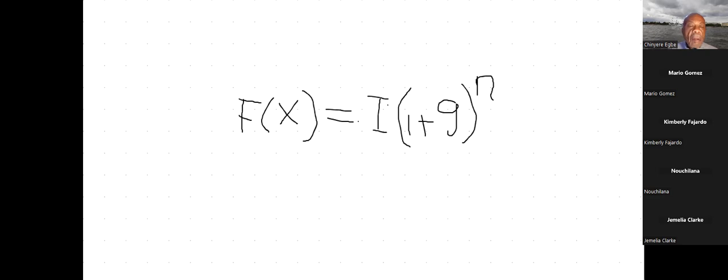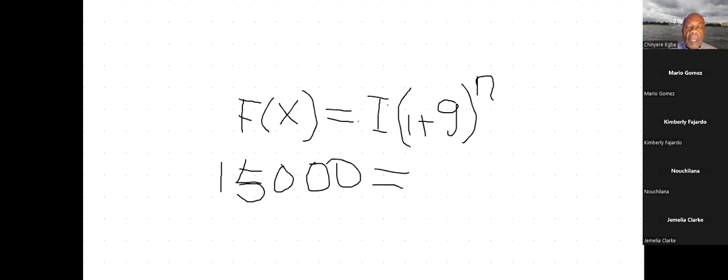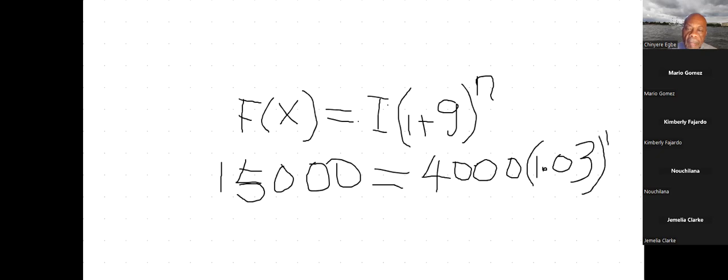And we know that we are looking at 15,000 equal to the initial amount, which is 4,000, times 1.03 to the power n.